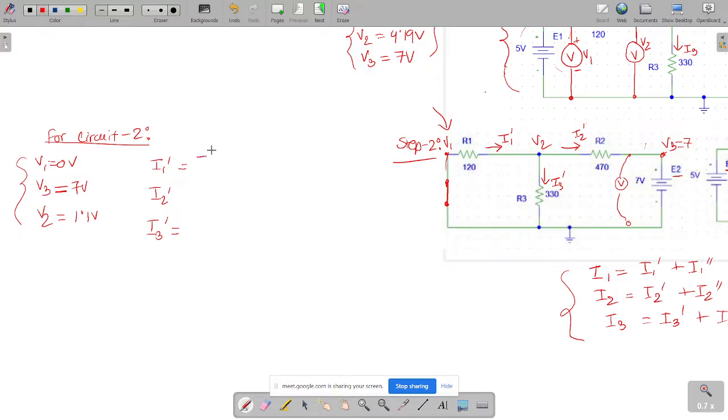Yes, 0 minus 1.1 divided by 120. এটা কত আসে? Minus 9.167 into 10 to the power minus 3. Okay, so we can write it as 9.167 milliampere minus, কিন্তু সামনে মাইনাসটা ভুলো না, so it is minus 9.167 milliampere. Okay, so what about I2 prime?